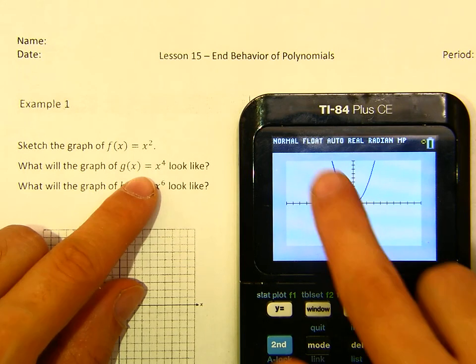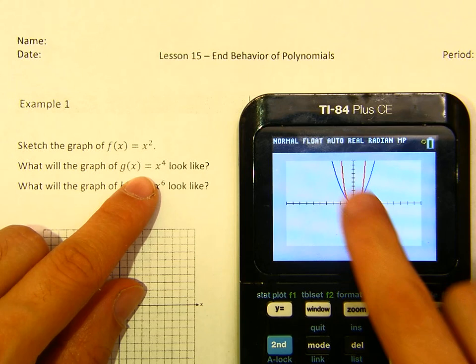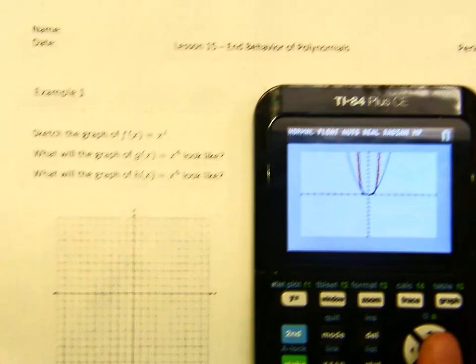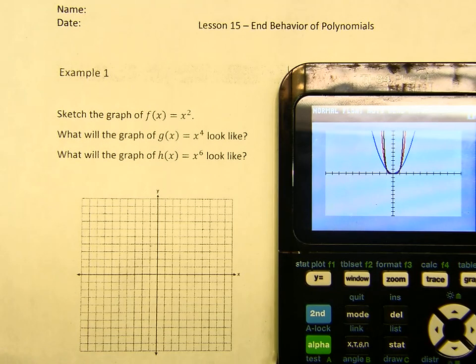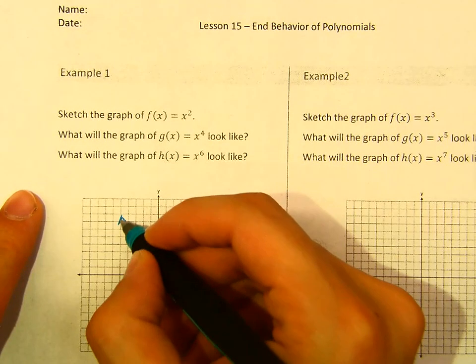And notice this is x squared. The next one will be x to the 4th, and then the next one will be x to the 6th. Let's draw these over here very quickly. So the blue one is this. So this is x squared. Let me draw it right here.